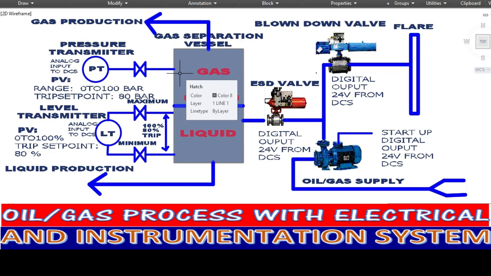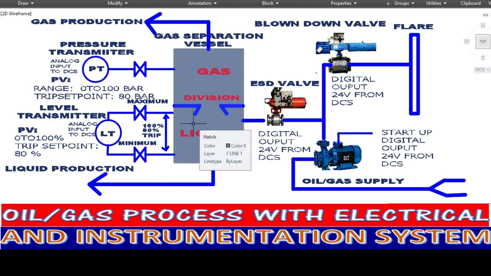As I explained, here is the instrumentation belonging to the oil and gas process system. I prepared the gas separation to show how the instrumentation will work. Aside from this gas separation vessel, the instrumentation provides a pressure transmitter. This pressure transmitter monitors the pressure of this vessel.